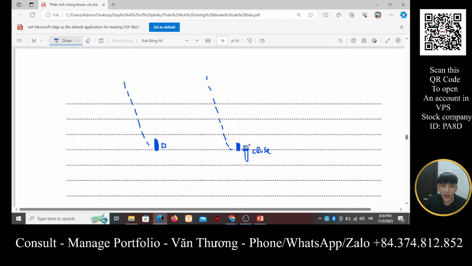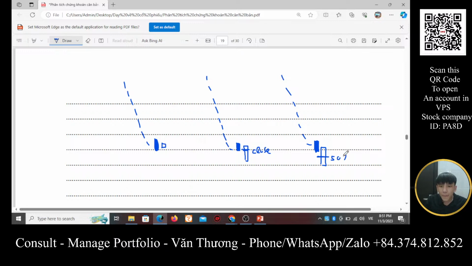Okay, so I already showed you two ways to determine the first day of recovery. Or the market goes down like this and has a dark candle here. Yesterday had a dark candle, and today the index closed above 50% of this candle.